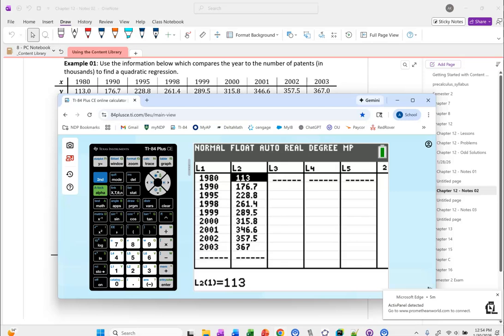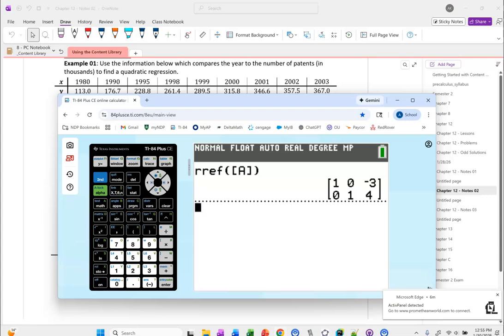All right, are we ready? Okay. My next step, now that I've entered my data, is I'm going to build my regression equation. To do this, I need to go back to the main screen. So I'm going to press the second button and then the mode button to exit back to the main screen.